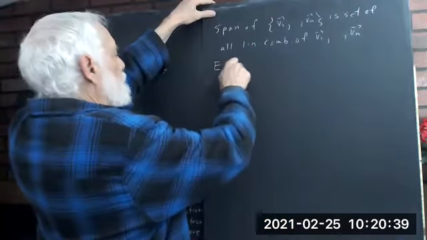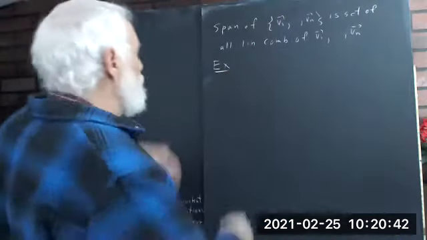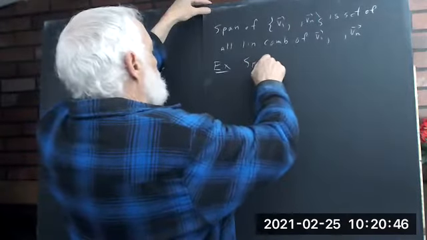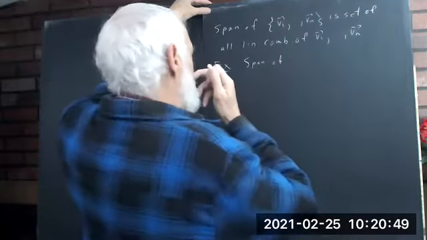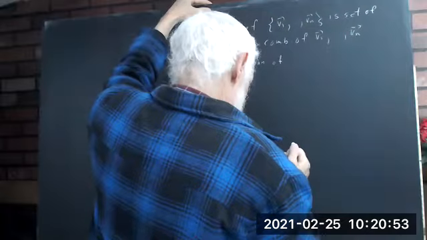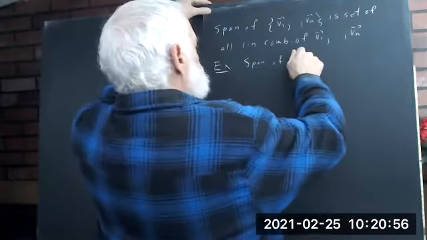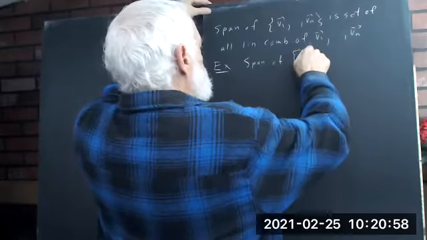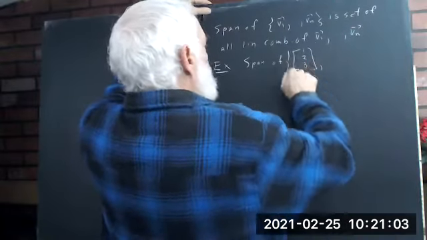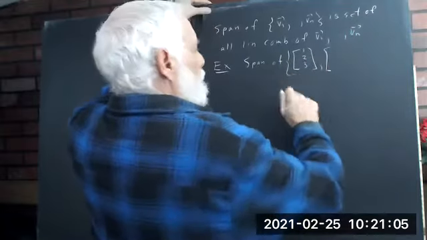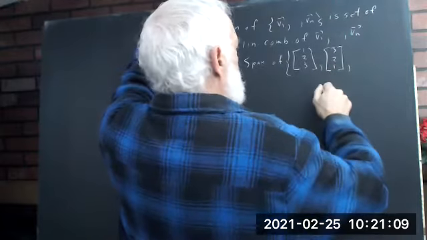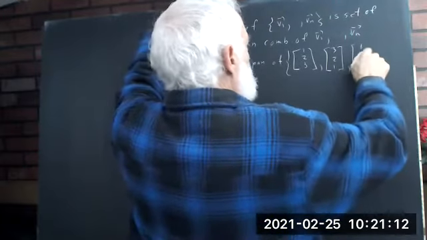Example. Span of the set. V1 is 1, 2, 3. V2 is 3, 2, 1. And V3 is 1, 1, 1.